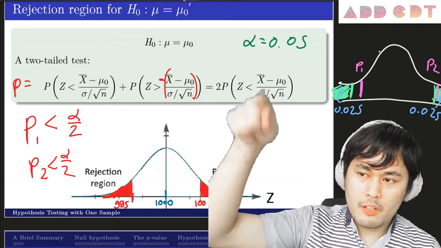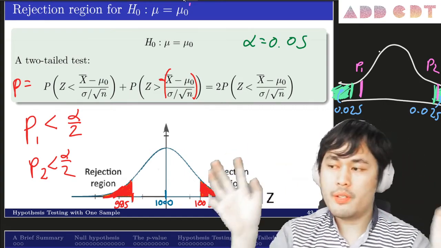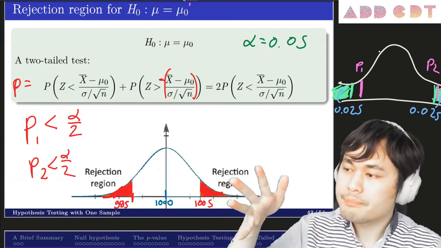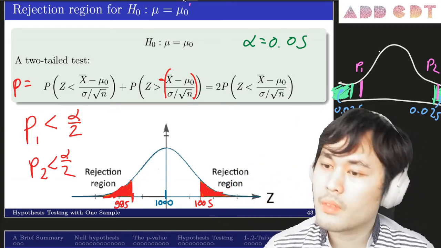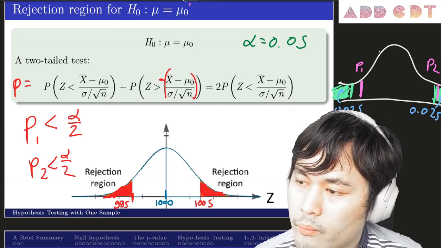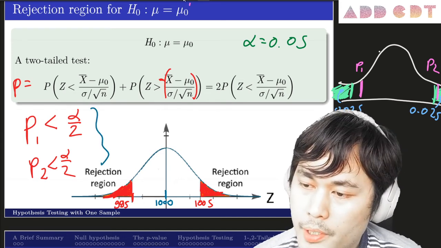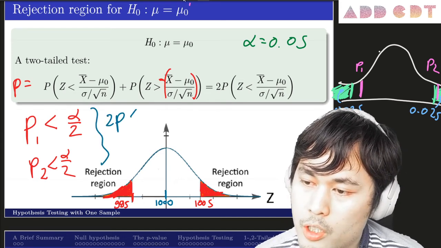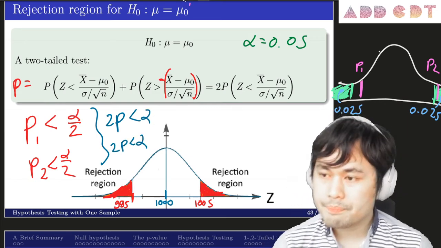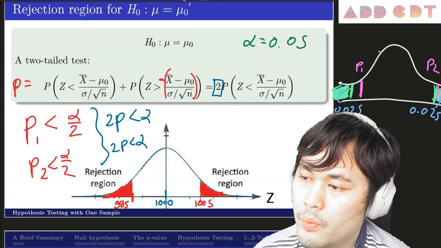For the previous 2 cases, we compare that with alpha. But for the two-tail case, you compare P with half the alpha. And if you just rearrange that a little bit, then maybe you want twice the P to be less than alpha. So, right, that's why we get the number 2 here.